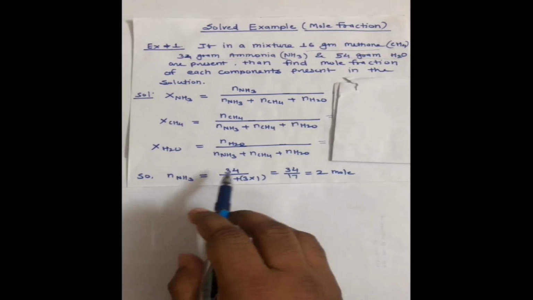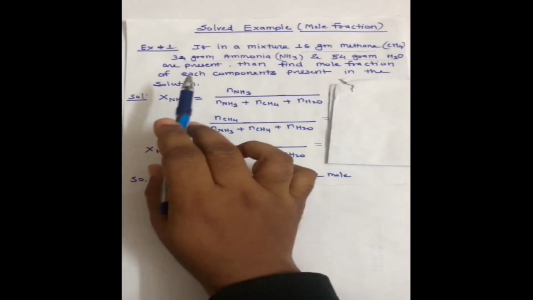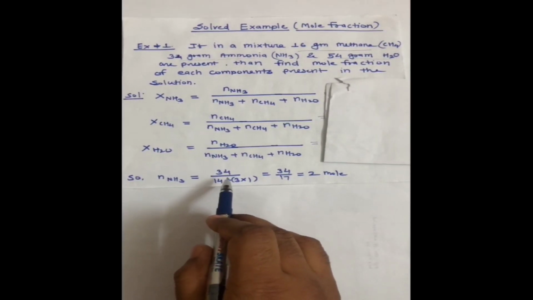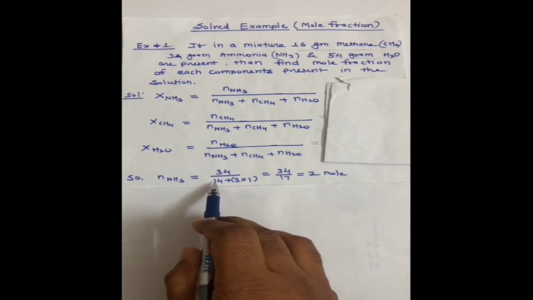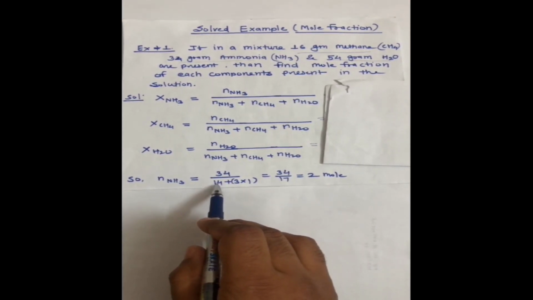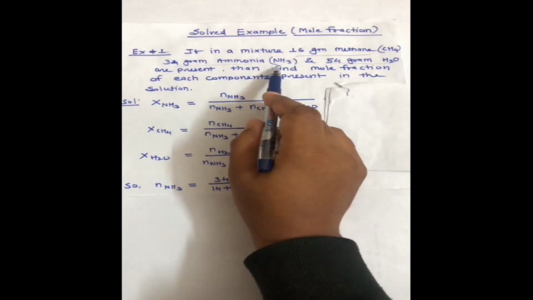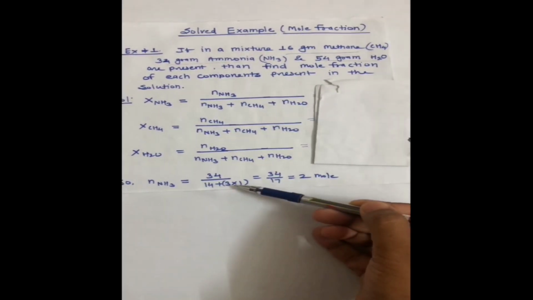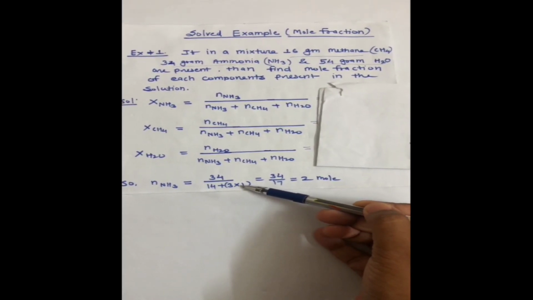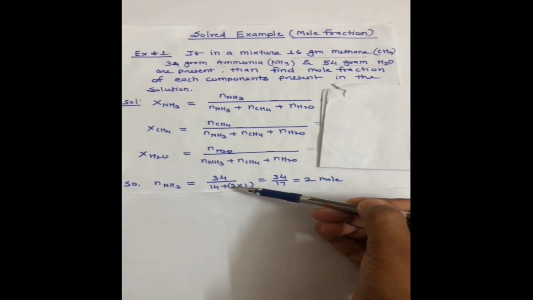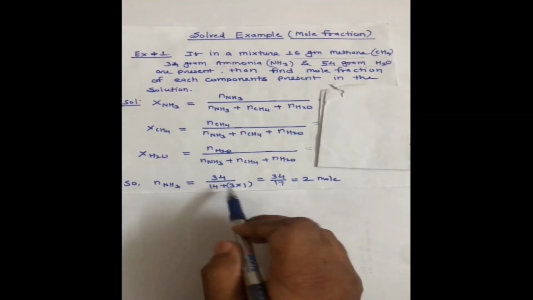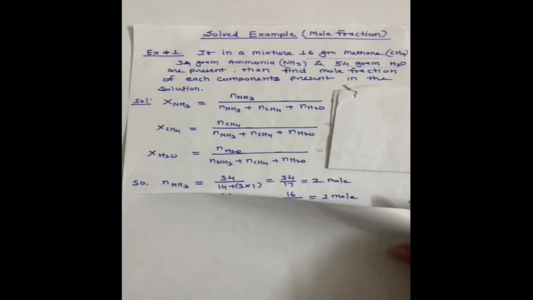For example, number of mole of ammonia, that means given mass of ammonia, that is 34 gram, divided by GMM of ammonia. What is GMM of ammonia? That is gram atomic mass of nitrogen, that is 14, plus 3 into 1, 1 for hydrogen and 3 number of hydrogen. Therefore 34 divided by 17, answer is 2 mole.